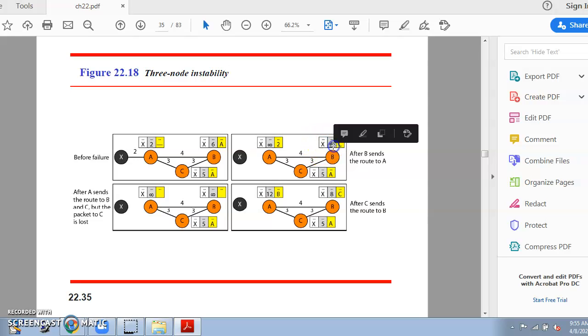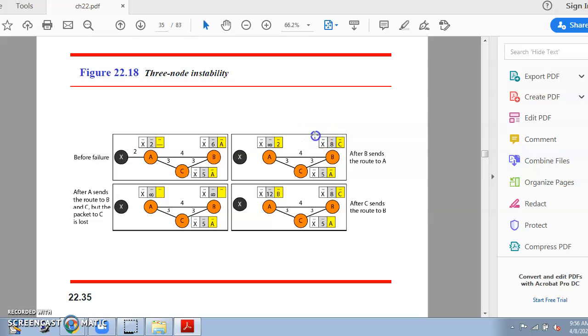This is the cost, because the cost between B and C is 3, and there is already a route to reach X, X via A with cost 5. So now the total is 8 and it is reaching through the C network.